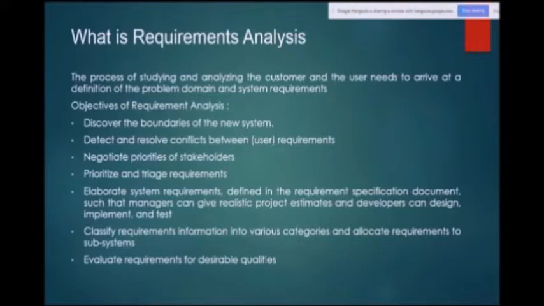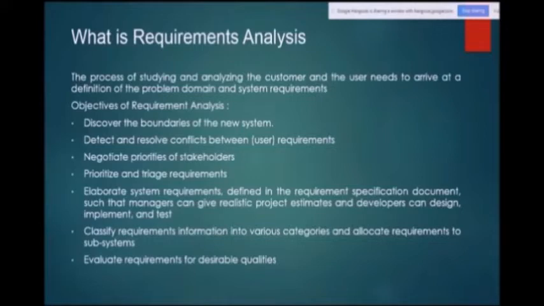So after requirement elicitation is done, we have to analyze and put them in a document. After the requirement analysis, we will go straight for the document. Classify requirements information into various categories. After getting that, analysis also involves the classification of the information which we have elicited into various categories, and allocating requirements to the subsystems, meaning the flow.